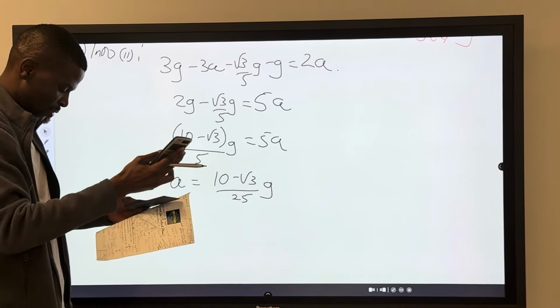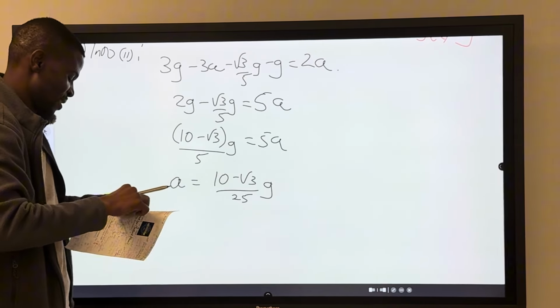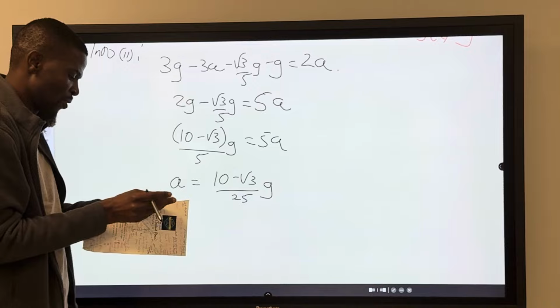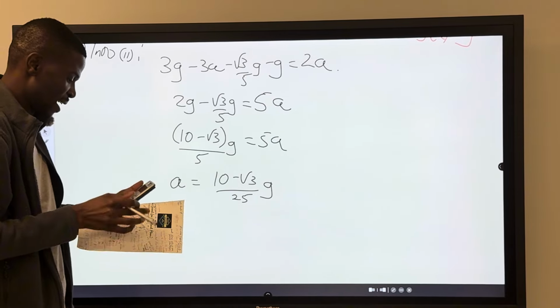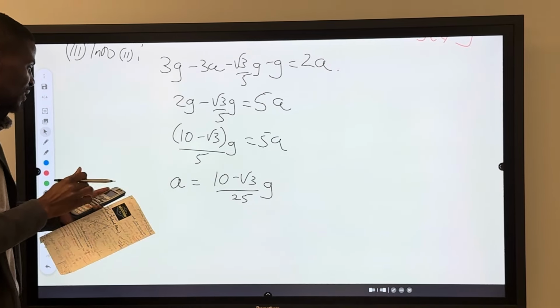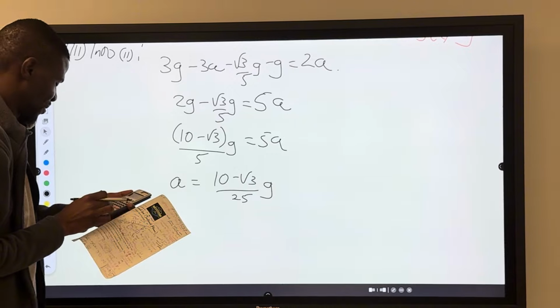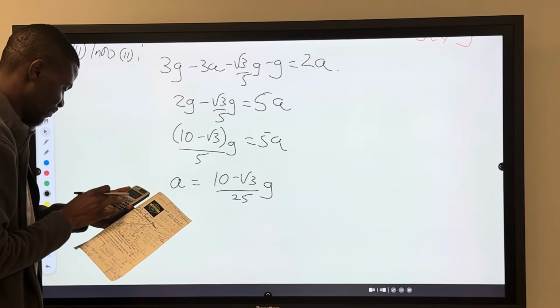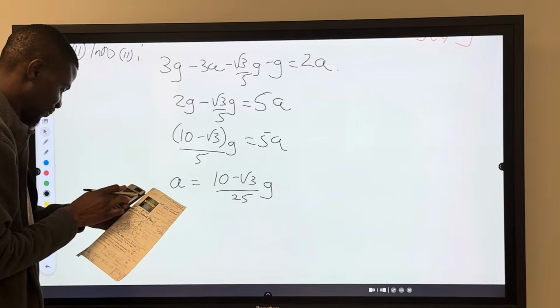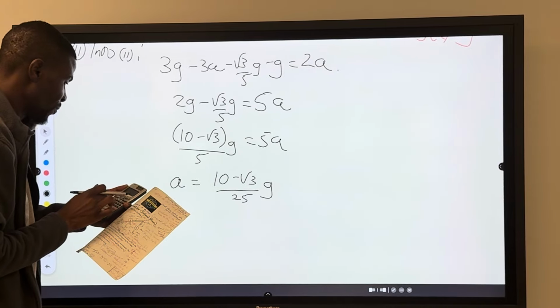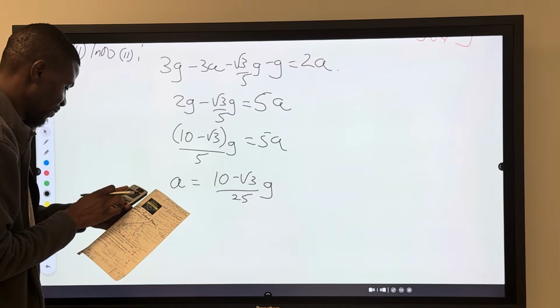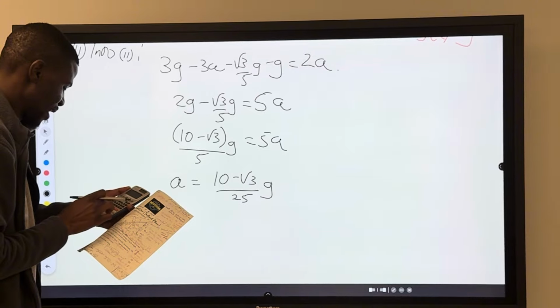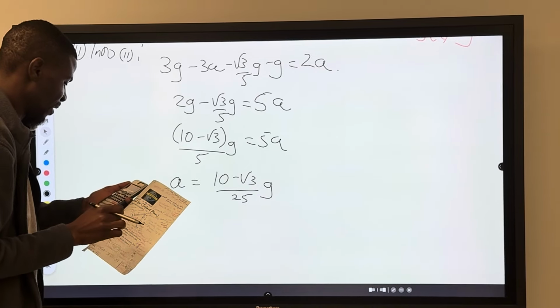Okay, so you could either leave it like that, or we can calculate this: 10 minus square root of 3 over 25 times 9.81.